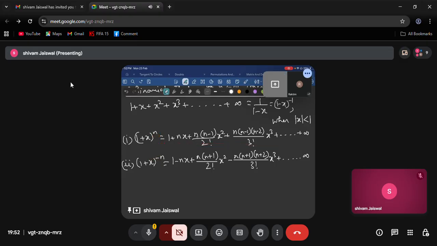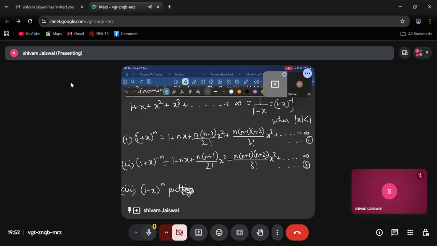Next, number 3. If I want to find out 1 minus x whole to the power n, what to do? Let us call this equation 1, and this equation 2.